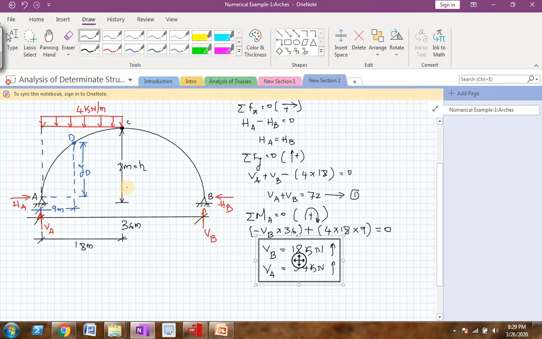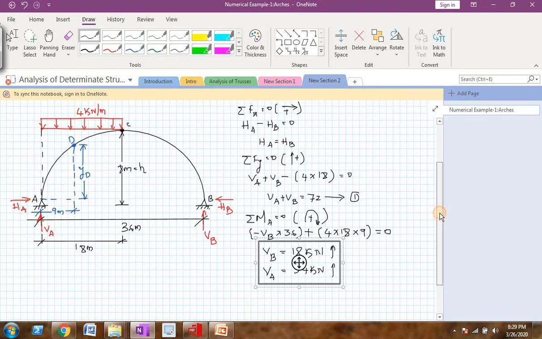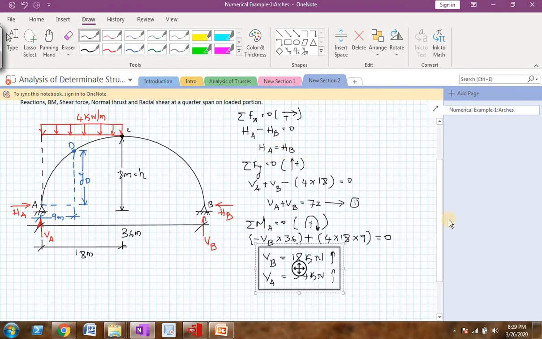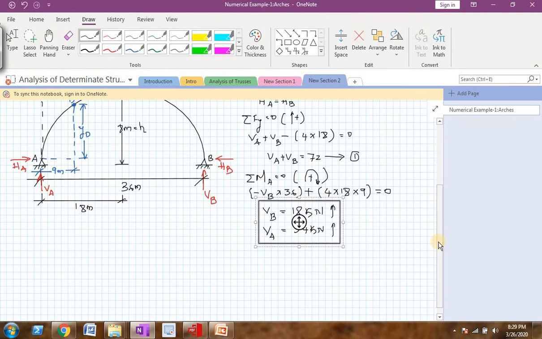And from summation of Fx equal to 0, we know that both the horizontal reactions are equal. So when you find one reaction, the other will be easy. So what I will do, I will take moment at C equal to 0, same sign convention, clockwise moments as positive. So I will take the right hand segment.